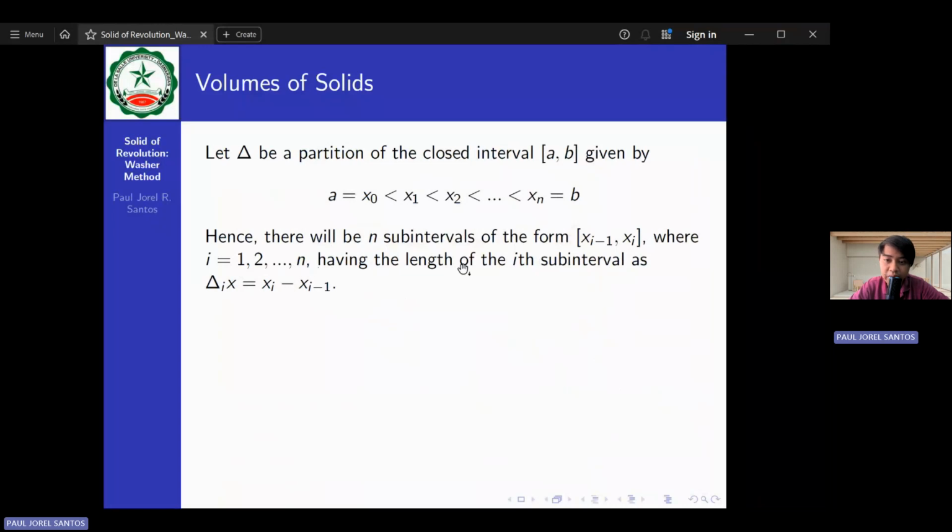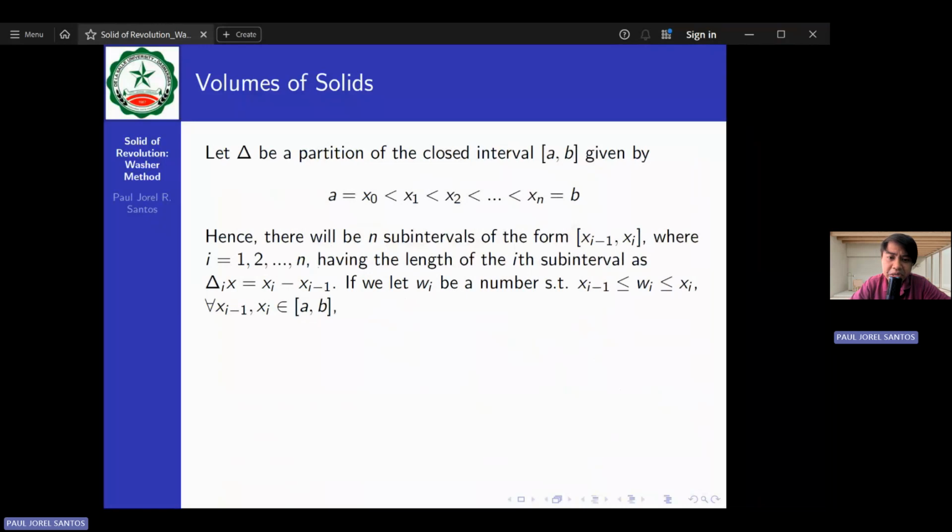The length of these subintervals, which are of equal length, is represented as delta sub i x, which can be computed by subtracting x sub i minus 1, the number before x sub i, from x sub i.